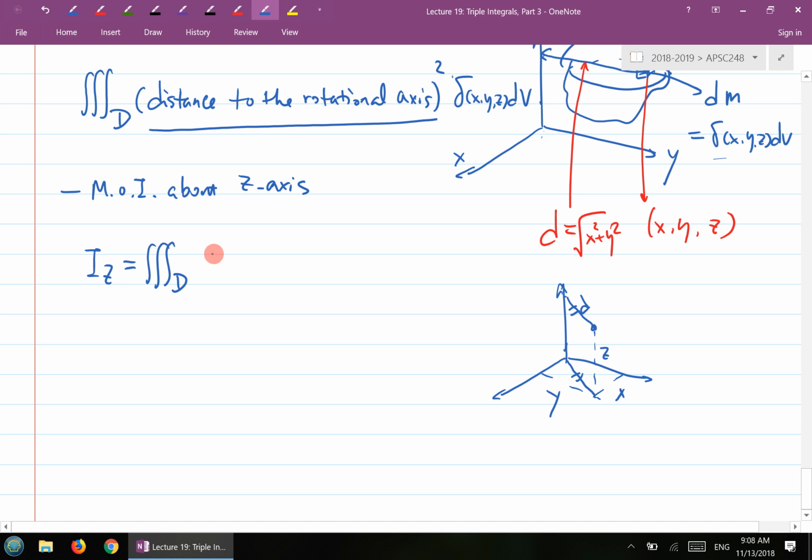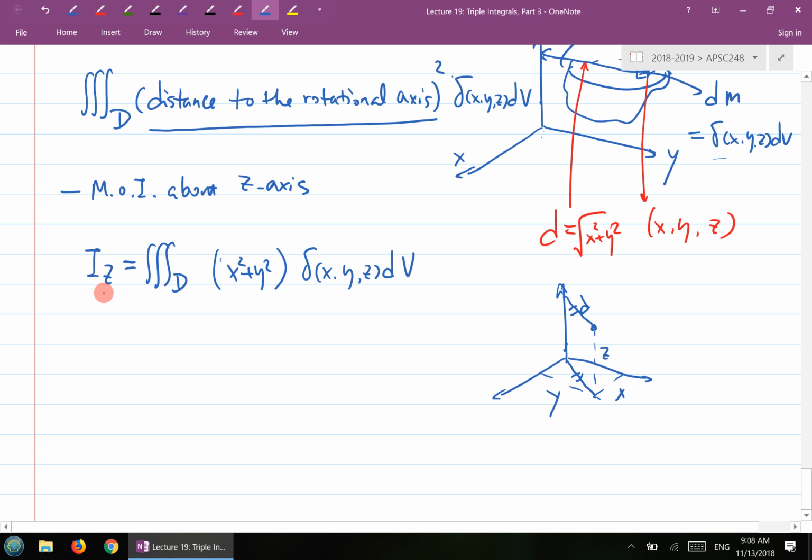Replace the distance with the square root of x squared plus y squared, squared, times the density function, dV. The square cancels the square root, and that gives you just x squared plus y squared. So this is your moment of inertia about the z-axis.